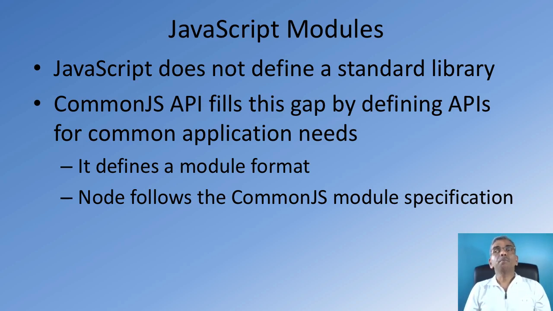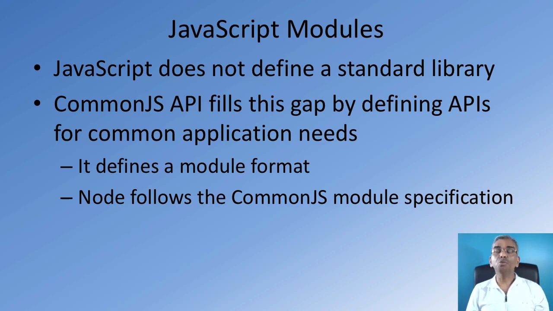But of course, people understood the difficulties when you need to expand JavaScript beyond a single file, which is used as a scripting language for the browser. Now, if you have a very large JavaScript application, it becomes cumbersome to write the entire code in one single file.